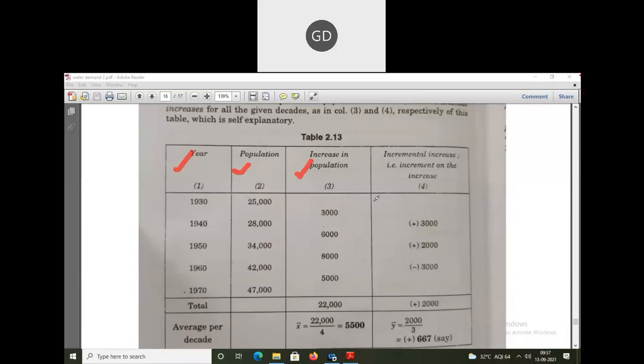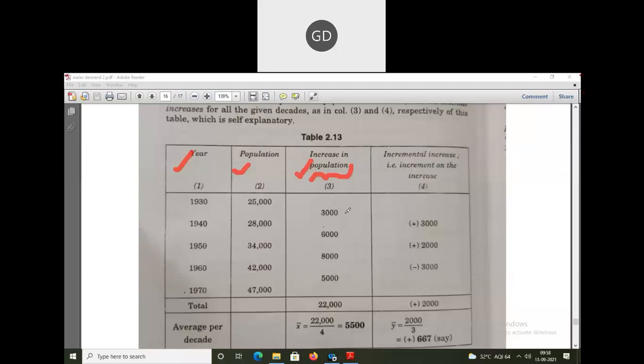So columns 1, 2 and 3 are similar to the arithmetic increase method. Up to here you have found out. Now the next column is changed: you have to find out the incremental increase. Whatever increase of population you got in column 3, from that you find the incremental increase, the increase from this increase.